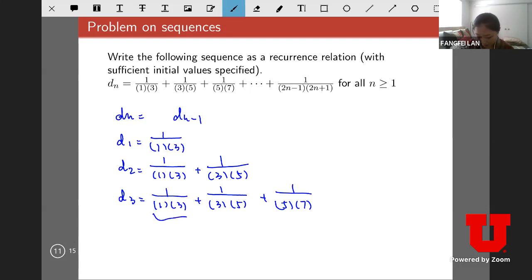So we realize this part is just D2. If you keep going, it just keeps going, but this part is just D2. So D3 is just D2 plus 1 over 5 times 7. And how do we write 5 times 7 in terms of n?